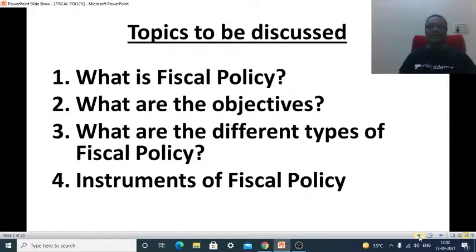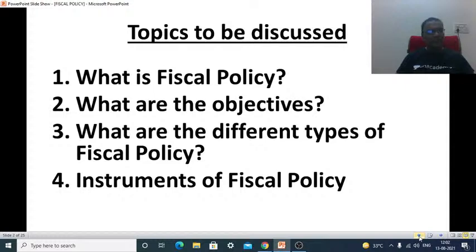So what exactly is fiscal policy? As the name itself indicates, fisc means finances. Fiscal policy is the financial policy of the government. As we know, no organization, no government can survive without finances. So the governments continuously are in need of revenues so that they can meet their expenditure.